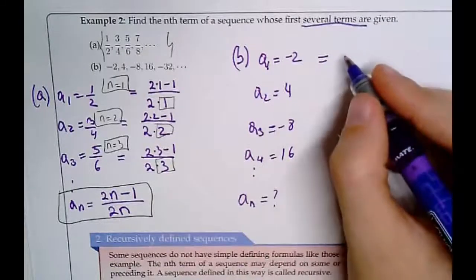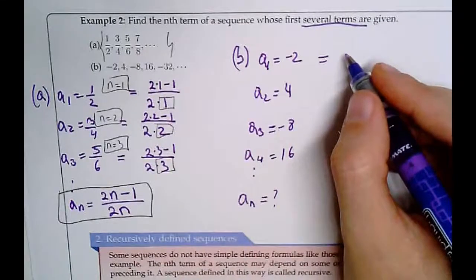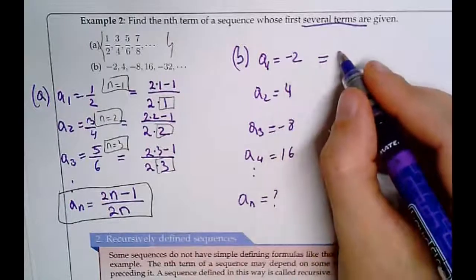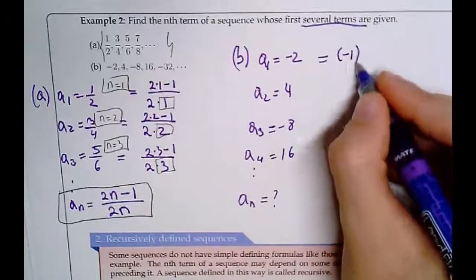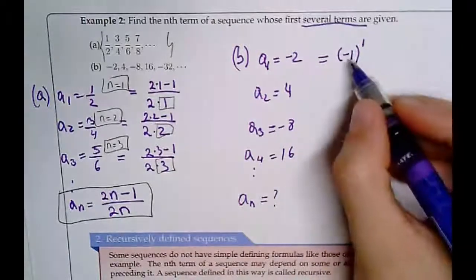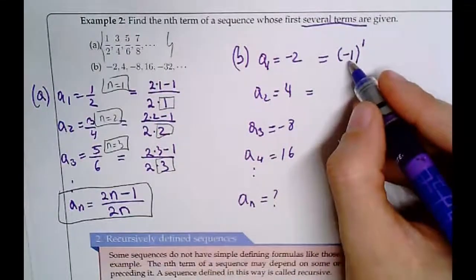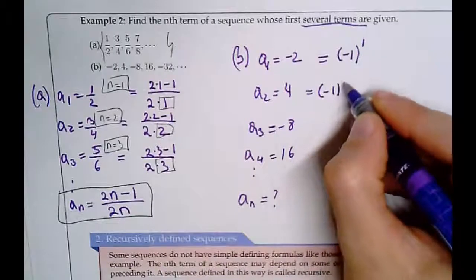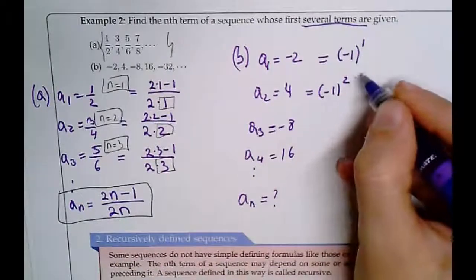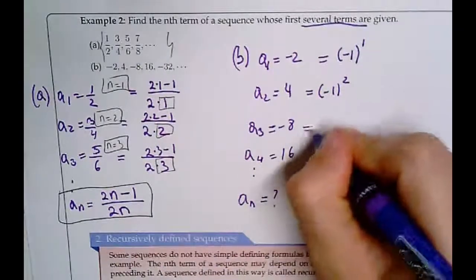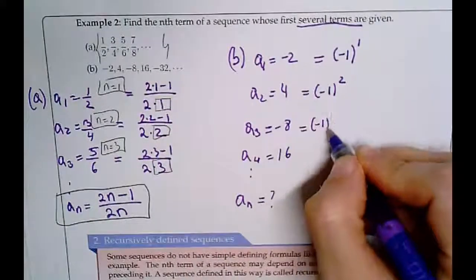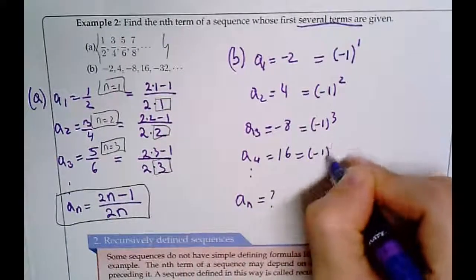So how do we take care of the sign? How do we make this negative? Well, I'm going to write it as -1 to the 1 power, because -1 to the 1 power is negative. And then how can I make this positive? Well, I'm going to do -1 to the 2 power, because -1 squared is positive. And then -1 to the 3rd power, and then -1 to the 4th power.